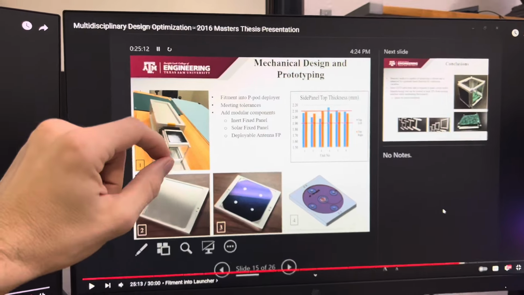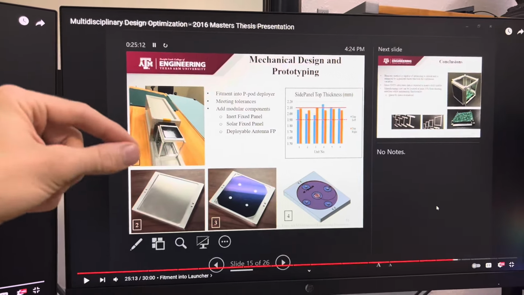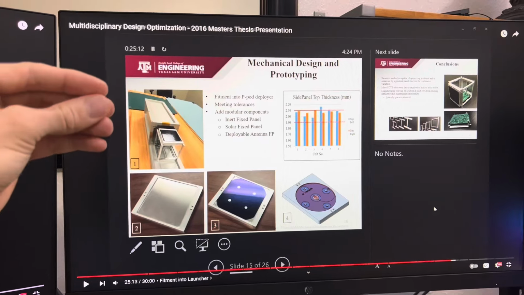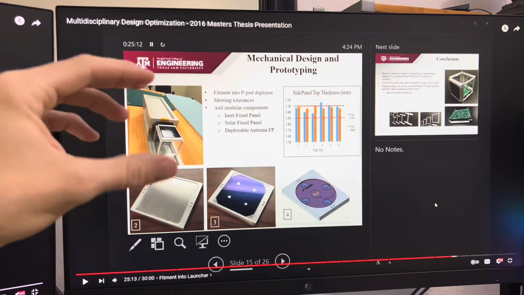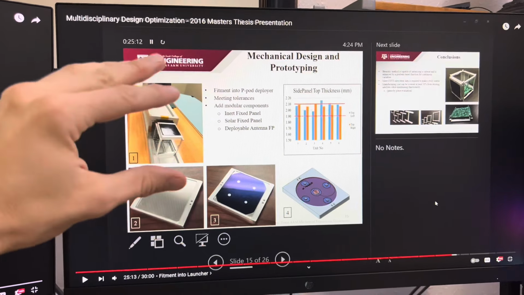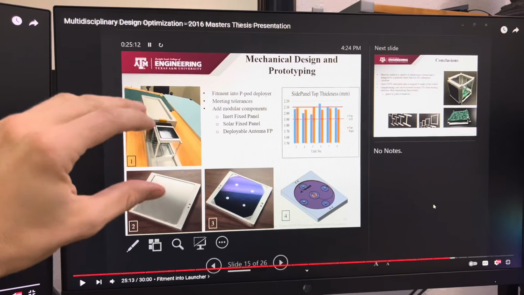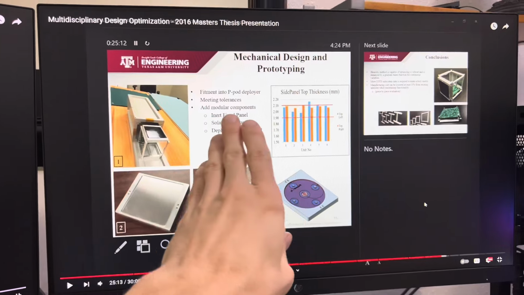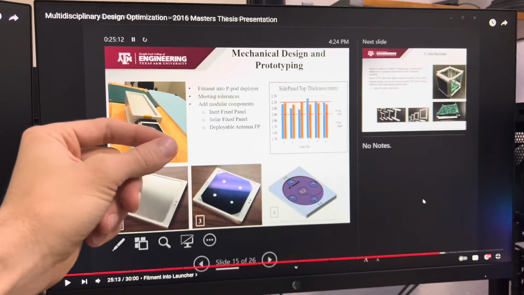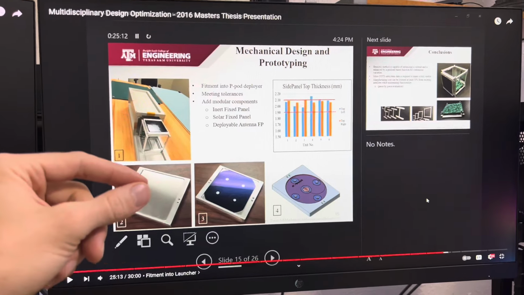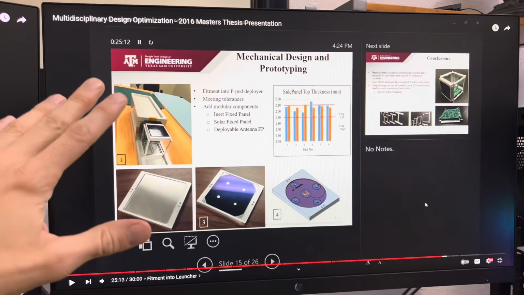You can find my video from 2016 when I did my master's thesis. The subject was the optimization of a multidisciplinary system that was a satellite. And every result, so this is preceding the implementation of AI, but the tools behind it are all about optimization.